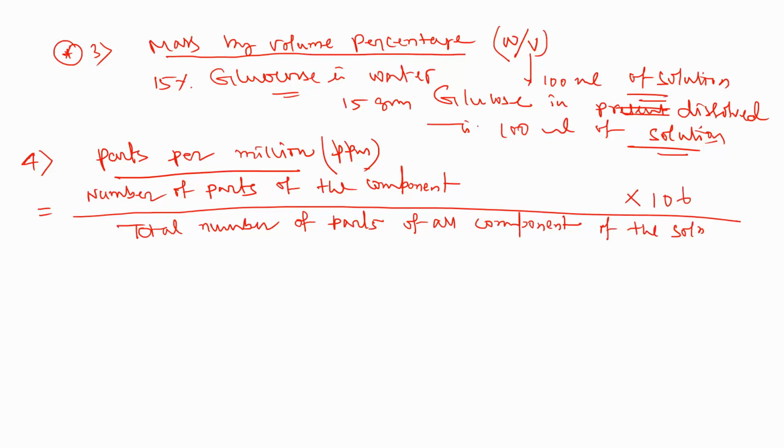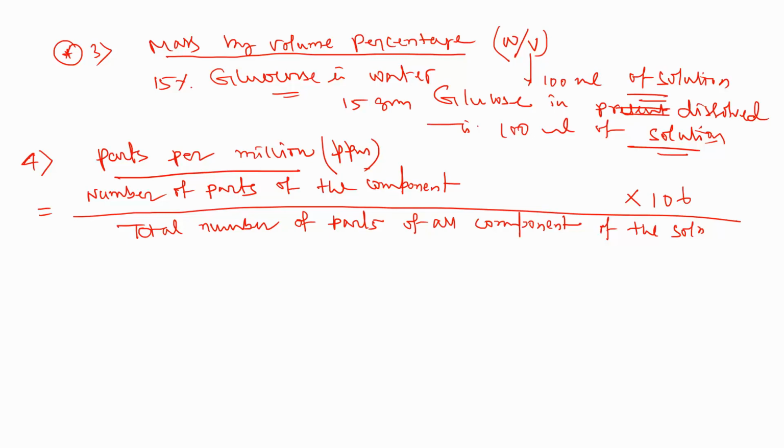To describe the parts per million, we have to take an example. Suppose 1 liter of seawater contains about 6 into 10 to the power minus 3 grams of dissolved oxygen. That means 5.8 gram per 10 to the power 6 gram of the seawater.